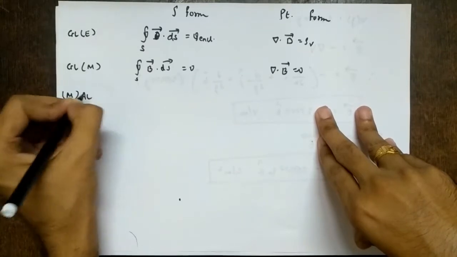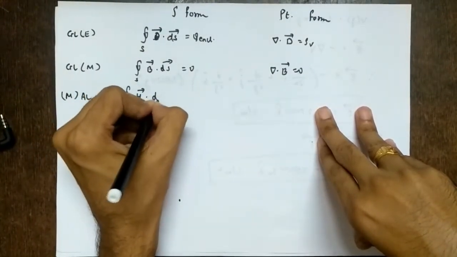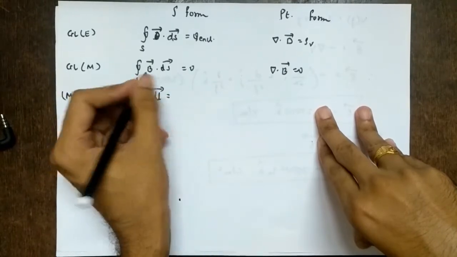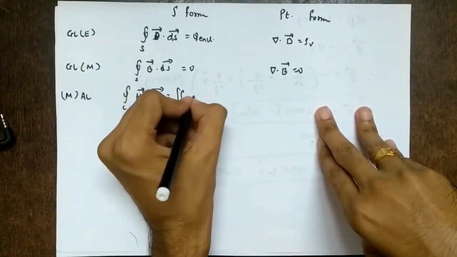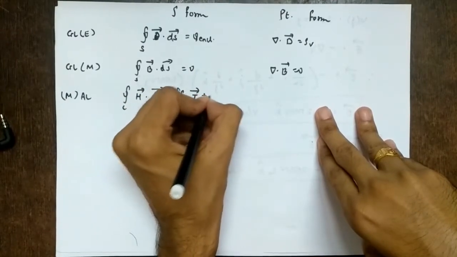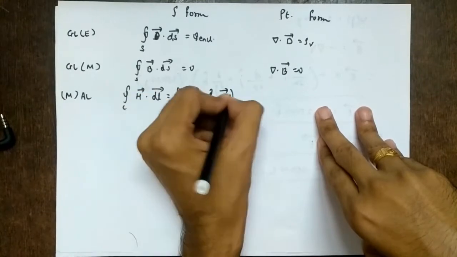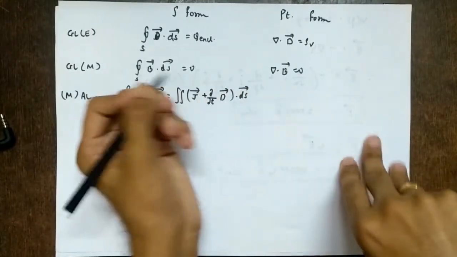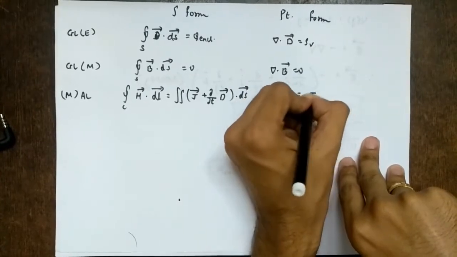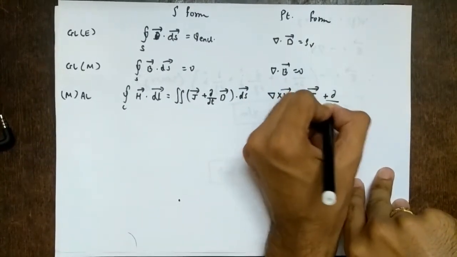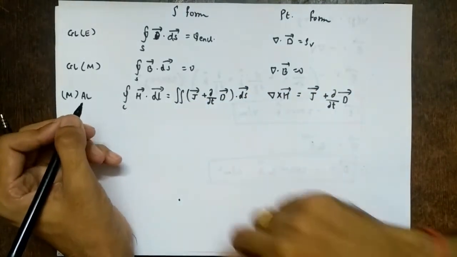Then what we have? Modified Ampere's law. Closed contour integral of H vector dot dl vector equal to surface integral of J vector plus dabba by dabba t D vector dot dS vector. And what is the point form? Del cross H vector equal to J vector plus dabba by dabba t D vector, right?